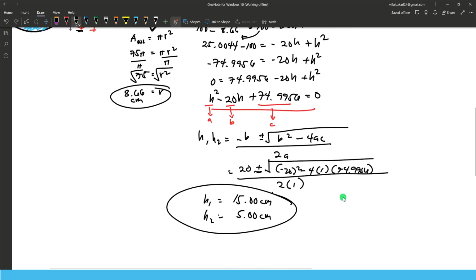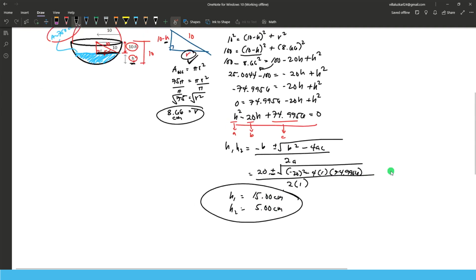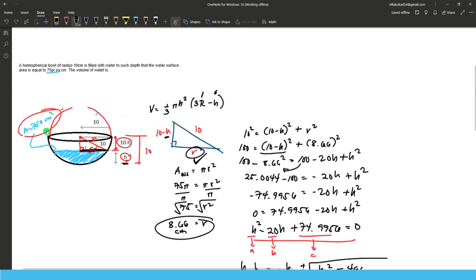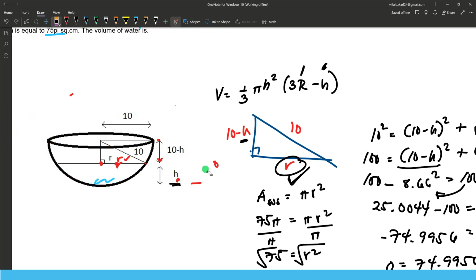So there are two possible values of h, but there is only one that we will use. It's either the 15 centimeters or the 5 centimeters. Basing on the drawing, the radius of the hemispherical bulb is 10 centimeters.